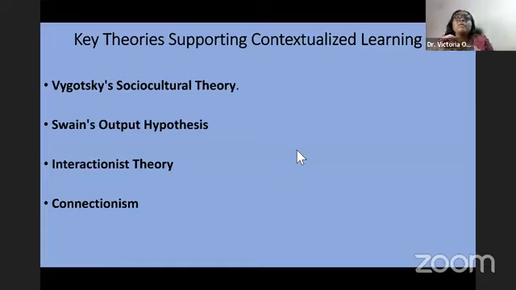They will see the real application of these rules, and that helps the students to not only recollect, but be able to apply these rules in their context.